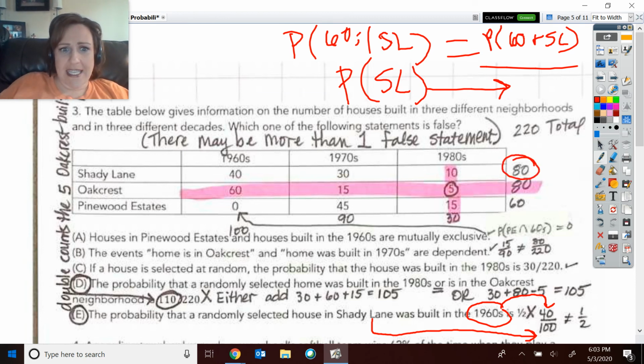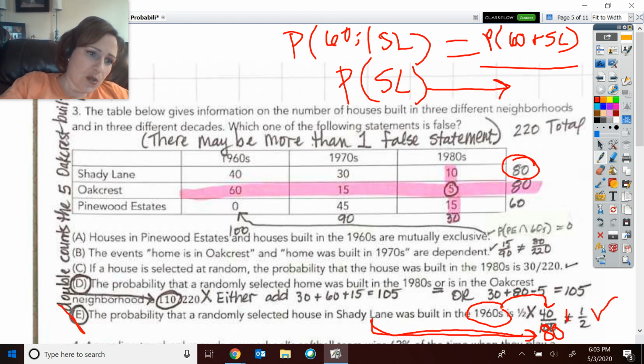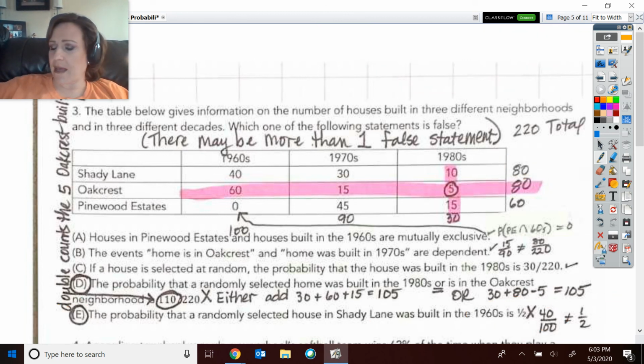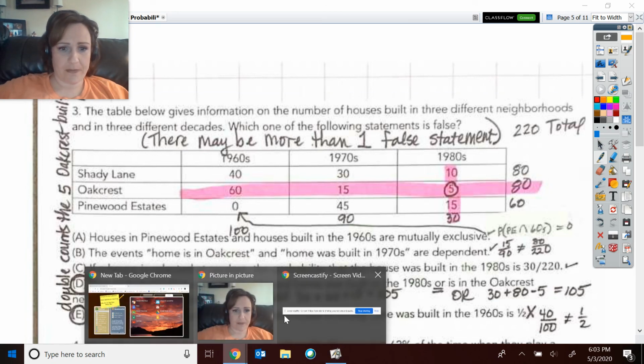The probability that a randomly selected house in Shady Lane, so that means actually my denominator should be 80, and then the numerator is that overlap, which is 40. You know what? That is a true statement then. So no E right there. So it is indeed just D. All right, there you go. I figured once I come back to that, I might find out what my mistake was. So there's your number 3.